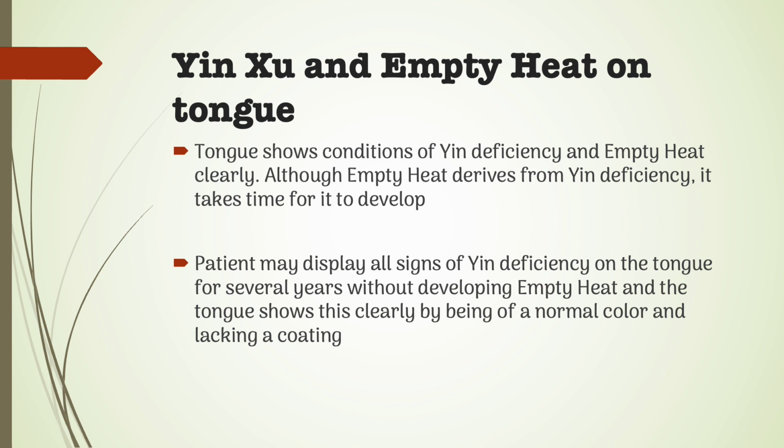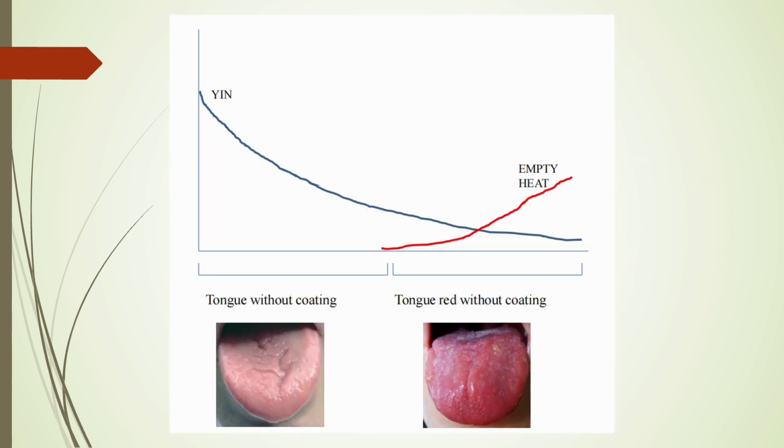A tongue without coating indicates yin deficiency first and foremost of the stomach. In addition, it may also indicate yin deficiency of the kidneys, liver, or heart. In fact, yin deficiency manifests on the tongue with a lack of coating. Therefore, a tongue without coating but of a normal body color indicates yin deficiency without empty heat.